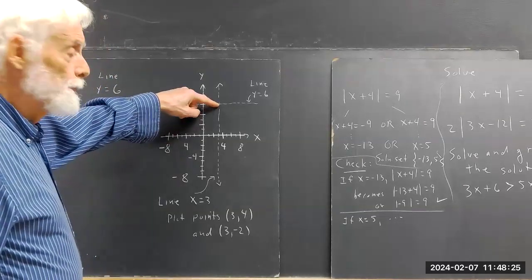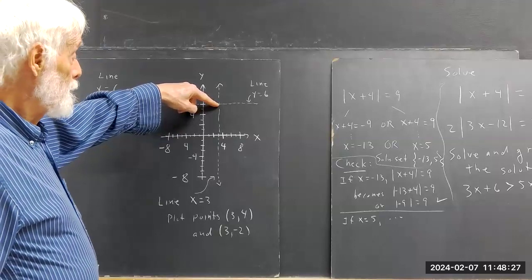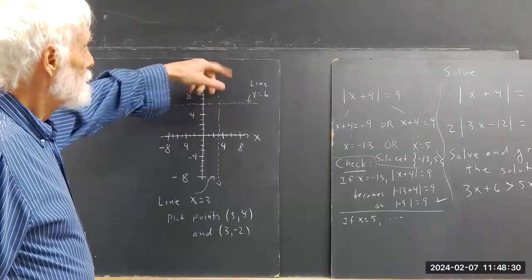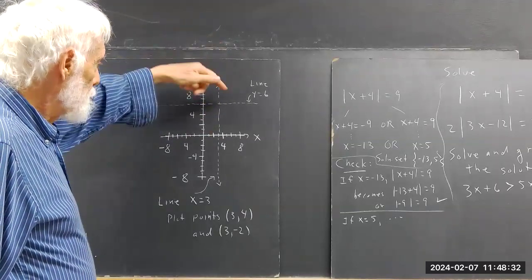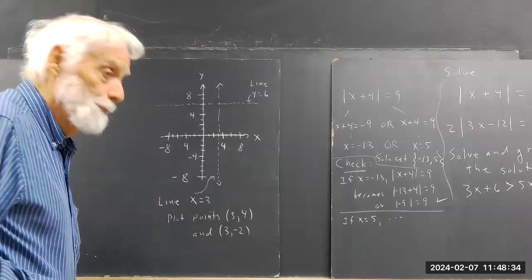What are the coordinates of this point? Label the coordinates of this point. Just put parentheses, put the coordinates, and put a little arrow to that point.